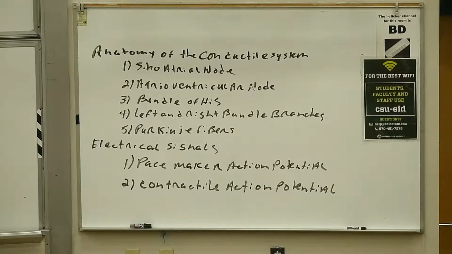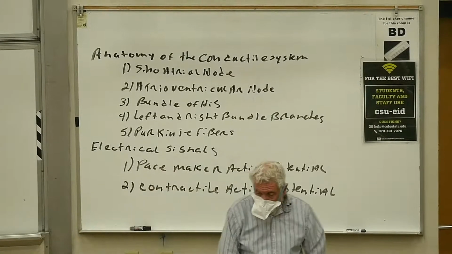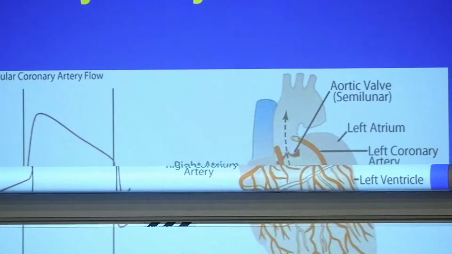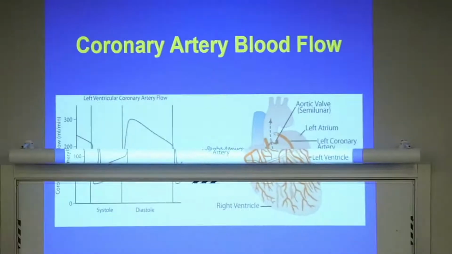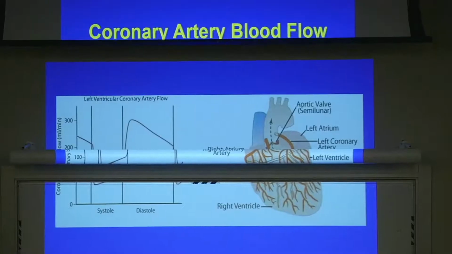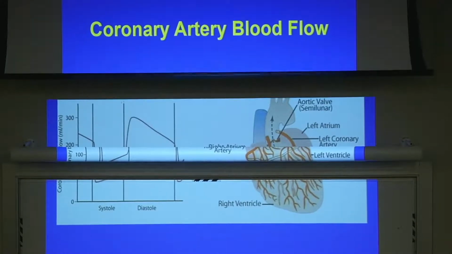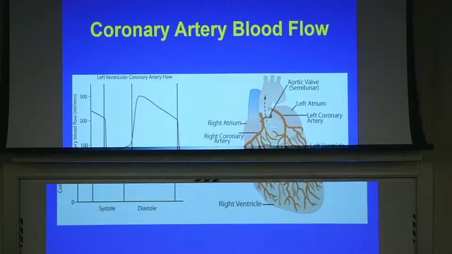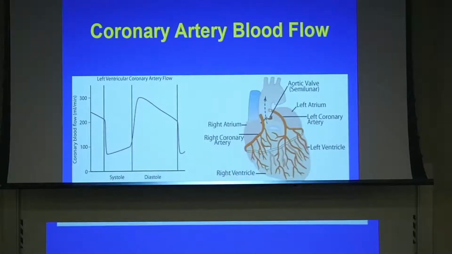But let's begin with where we were last time. I think this is an important summary of what we were talking about in Friday's lecture. And I like this figure because it says a lot. The right-hand side shows the anatomy.